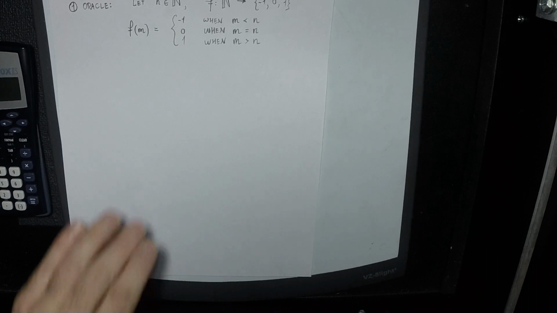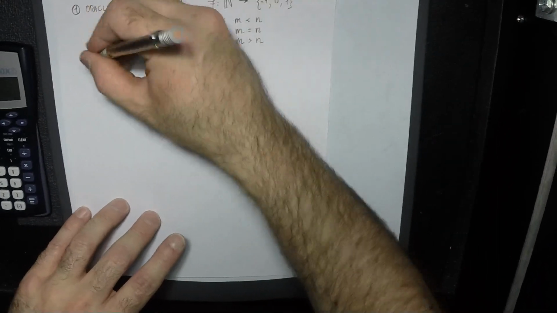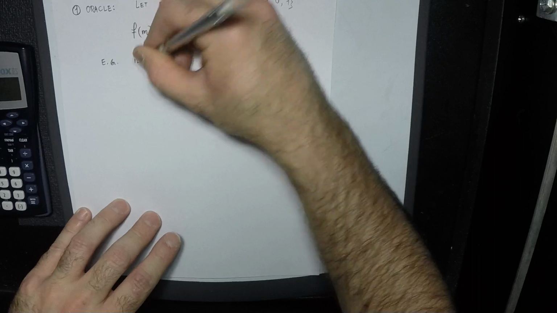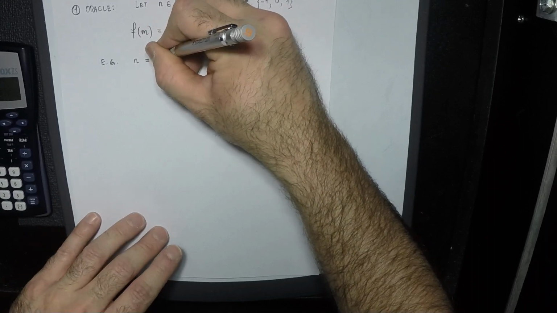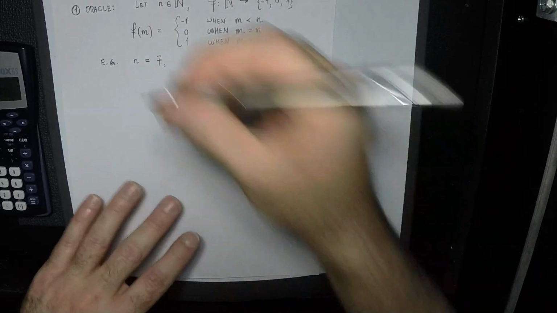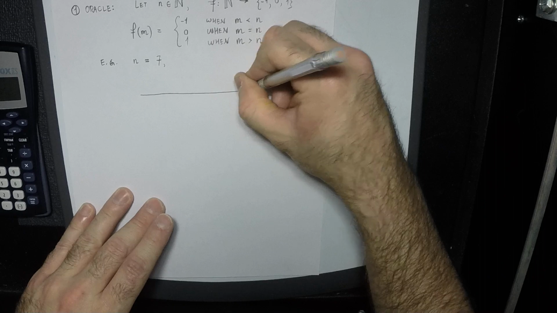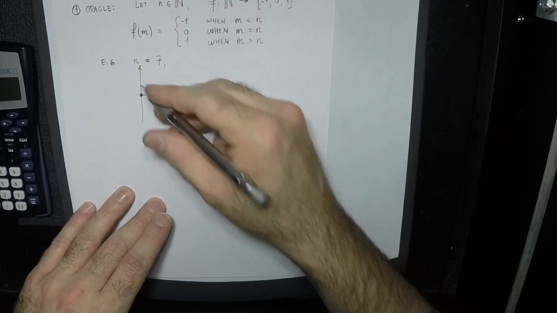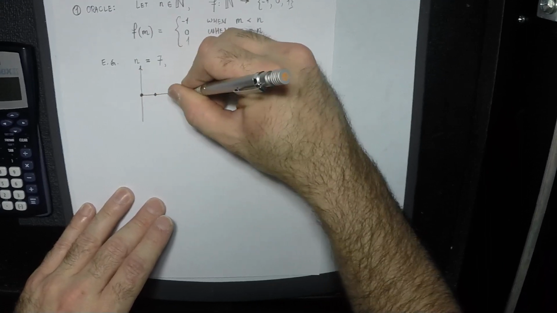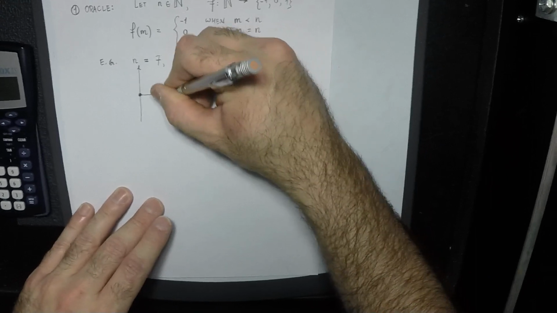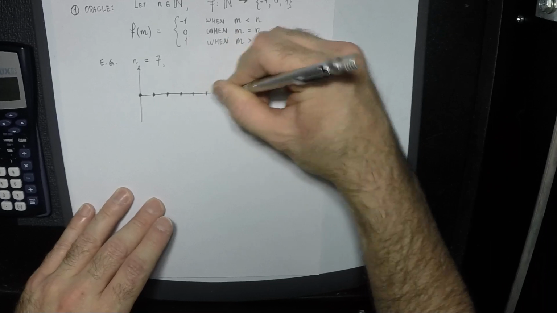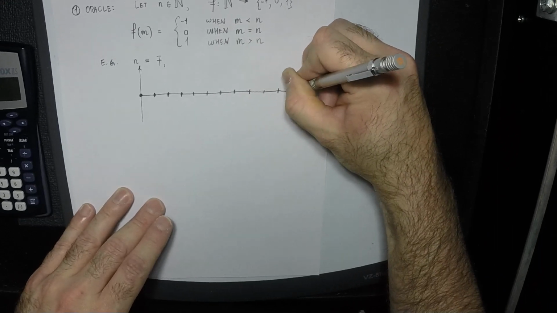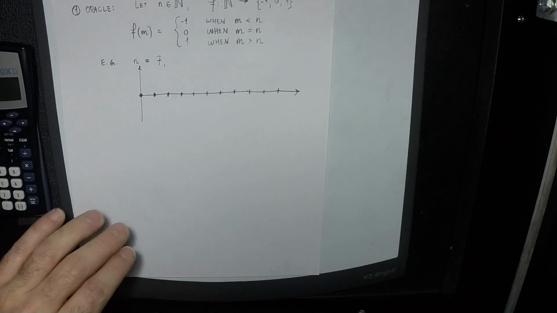So if you were to plot this, for example, if n is something small, so I can actually do it, 7, say, then the plot of this, well, there's the value 0, and then 1, 2, 3, 4, 5, 6, 7, 8, 9, 10. So I'll plot the actual function in red.